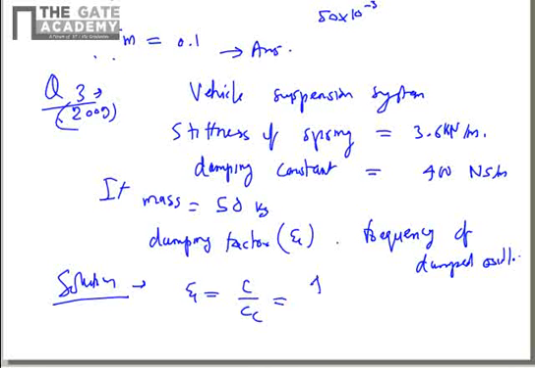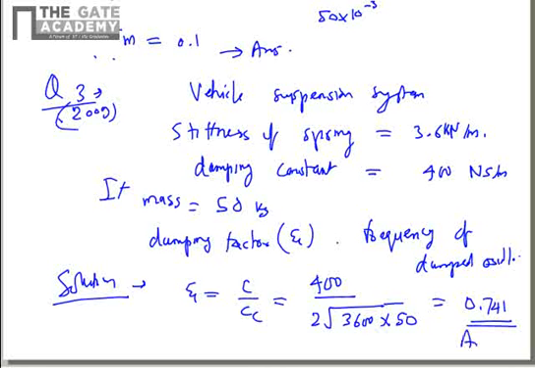The damping constant is given as 4000 in SI units. Critical damping is 2 square root of k times m. K in this case is given as 3600, because kilonewton is 1000, and mass is given as 50. If you simplify this expression, you get a value of 0.741.